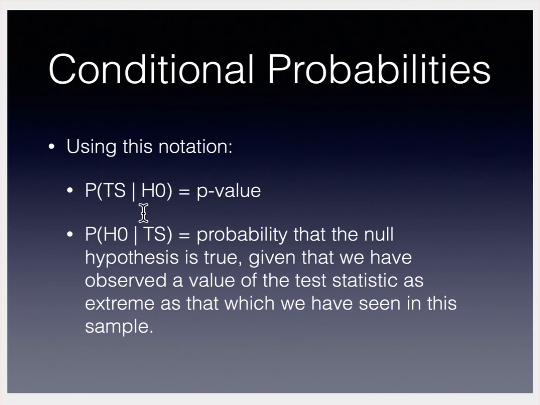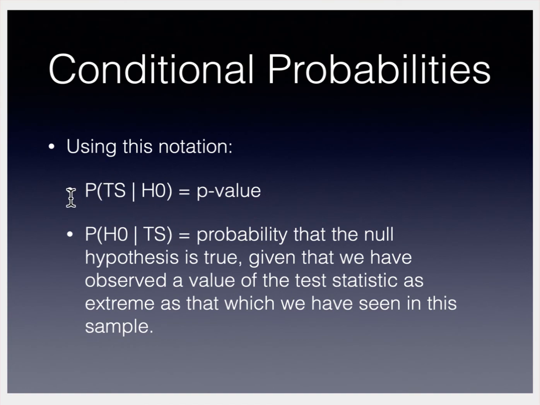You can see that these two conditional probabilities are not the same. In the first one, we're conditioning on the null hypothesis being true. In the second one, we're conditioning on observing a value of the test statistic at least as extreme as that which has been observed, and so forth.